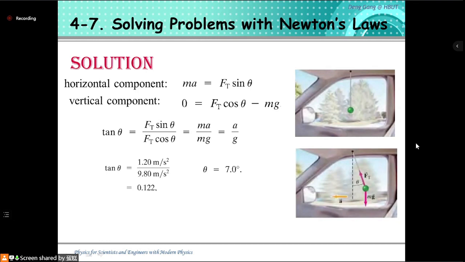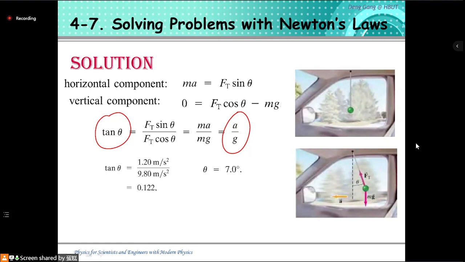Because according to this equation, tangent theta is equal to a over g. So we know g, the acceleration near the surface of the Earth, and we can measure the acceleration a by measuring this angle theta.